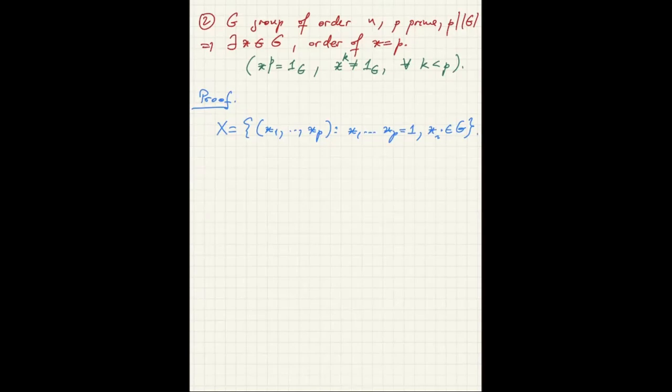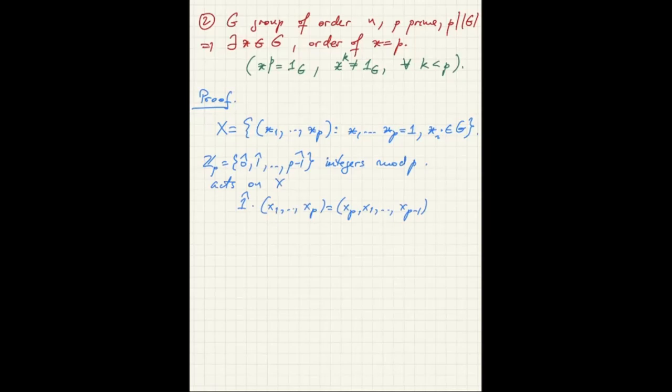The action again won't be G acting on this set of P tuples. This is a set X, and it will be the same Z_P, the integers mod P, that acts on X as before. So 1 hat (X1, ..., XP) is going to give us (XP, X1, ..., XP minus 1).